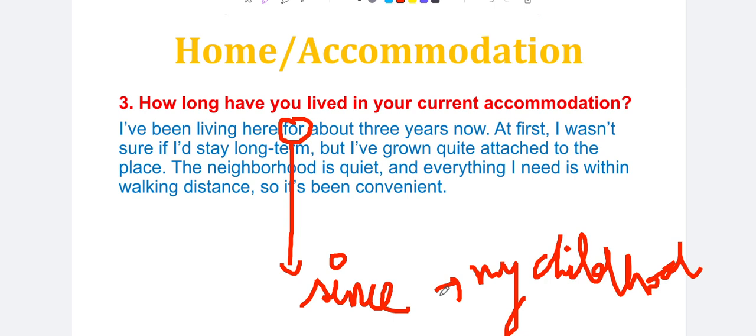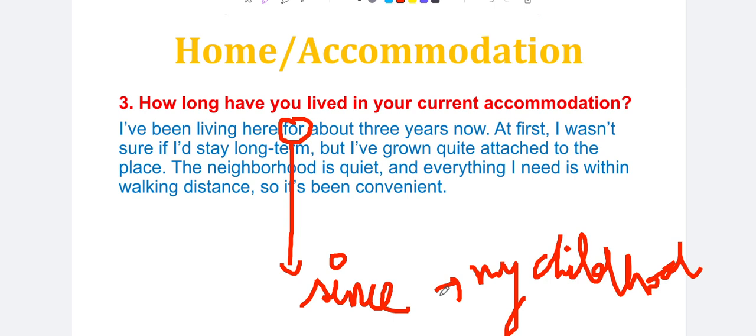Then you will say what you enjoy most in your home, or what about the neighbors. Obviously you will not say at first I wasn't sure whether I'd stay here or not, but I have grown attached to this place. You will not say things like that because you have been living there since your childhood.